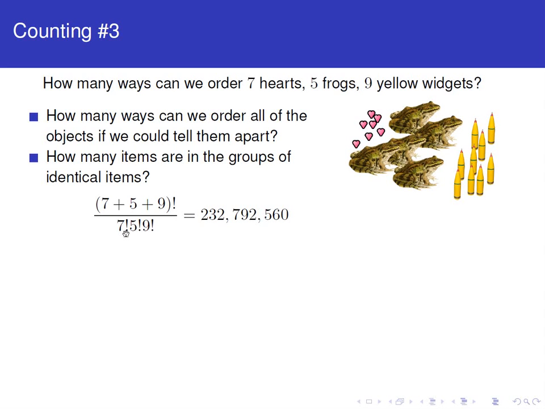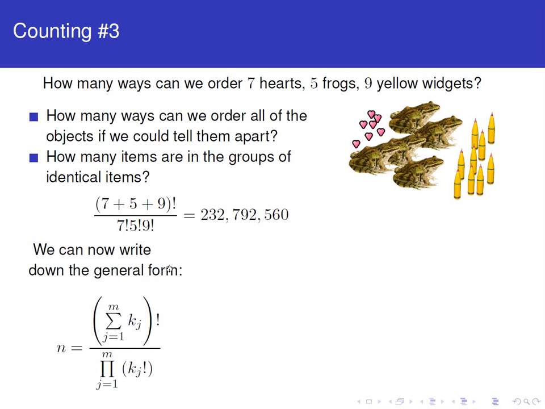Well, there are 7 hearts I can't tell apart, so I got 7 factorial in the denominator. 5 frogs I can't tell apart, 5 factorial in the denominator. And still, look at the huge number that I get. So with just this small quantity of objects, there are more ways to arrange these 7 hearts, 5 frogs, and 9 yellow widgets than there are people in the world. That's pretty amazing.